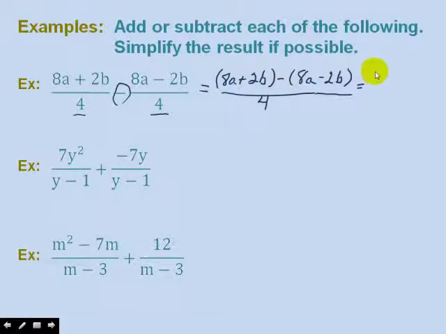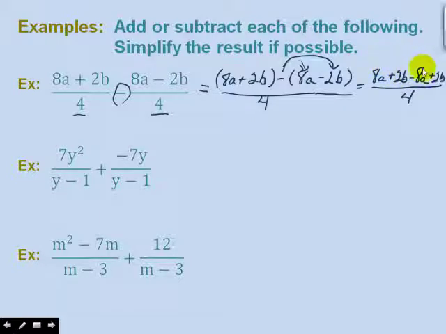So what we end up with here is our first numerator, which was 8a plus 2b, and then we're applying the negative to each one of these, and that means we'll have a minus 8a, and then here we have minus a negative 2b, so that will end up being plus 2b. That's still all over 4.